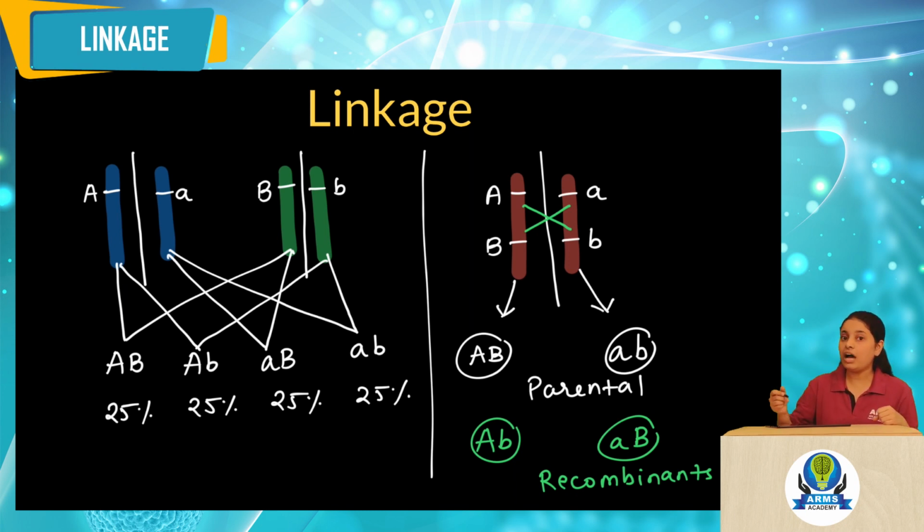That is why the amount of parental gametes will be more and the number of recombinant gametes will be less. That is why the offsprings which you obtain in the next generation will show you characters more like parental and less of recombinants. Let's try to visualize and correlate the relation between distance between genes and the amount of linkage.